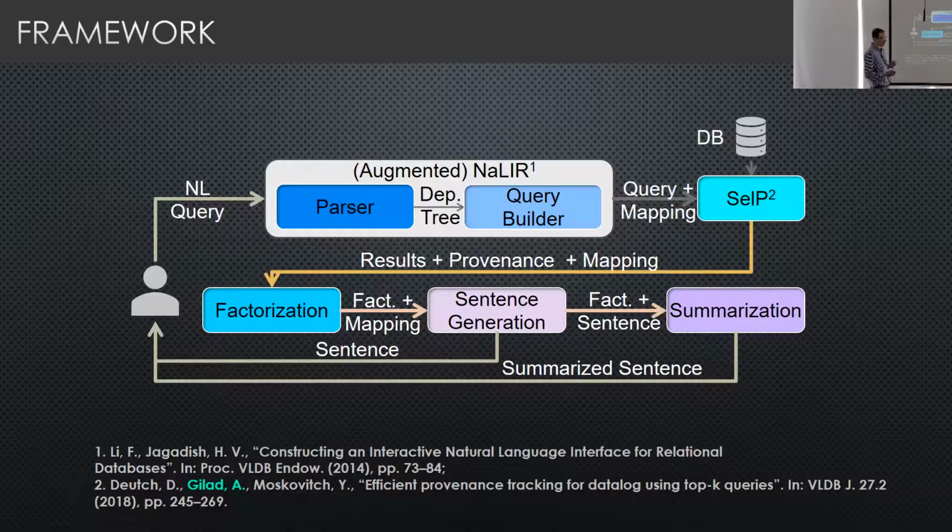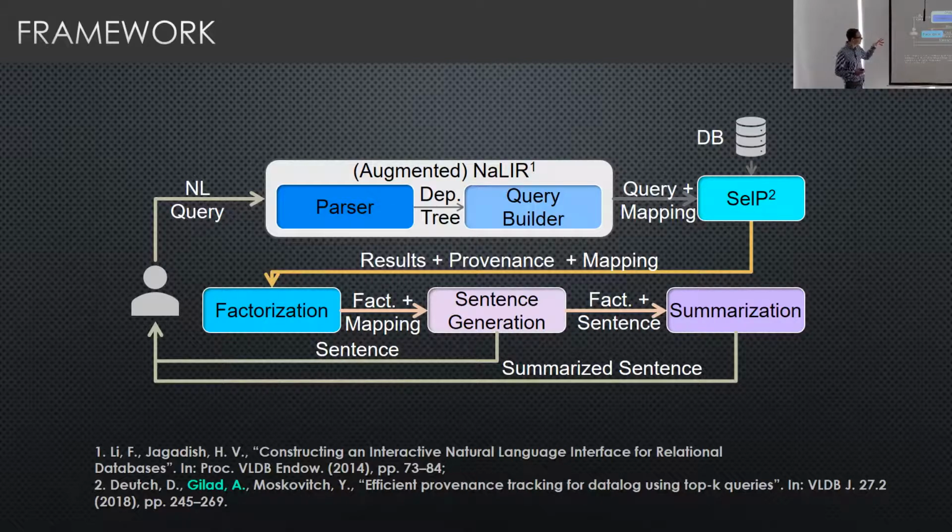So let's go over our framework. Initially, the user inputs a natural language query to a natural language interface. In this case, we've used Nalir, which is based on the 2014 VLDB paper. Nalir then parses the input question, creating a dependency tree. And then during the process of translation to a formal query, maps the words in the question to variables in the formal query.